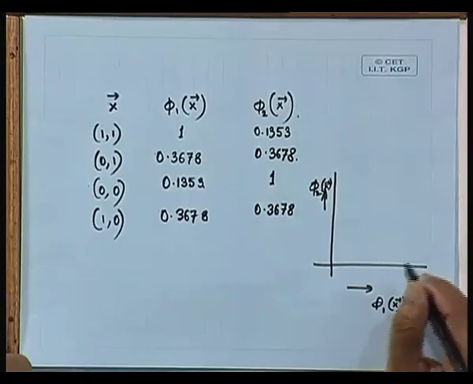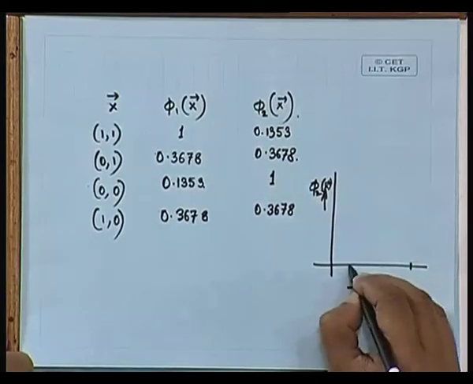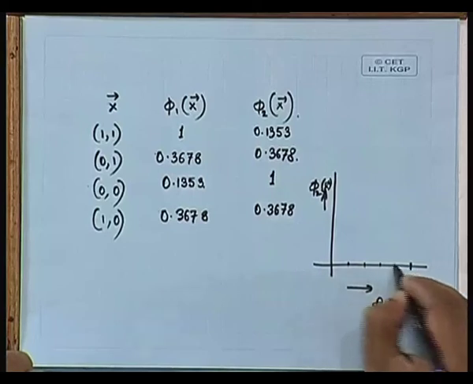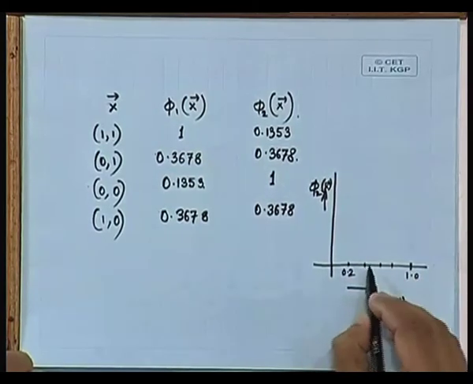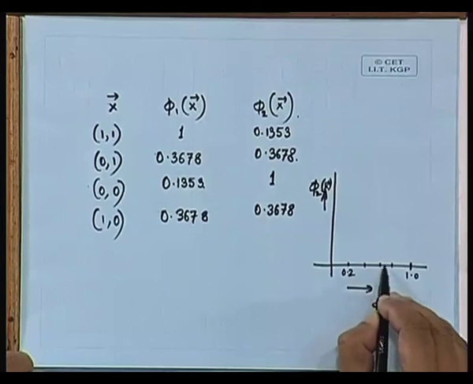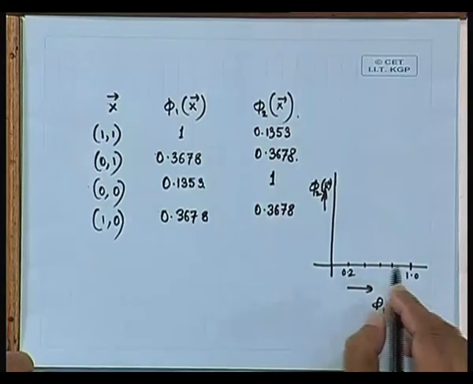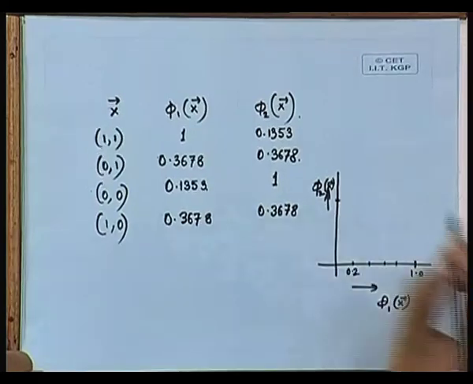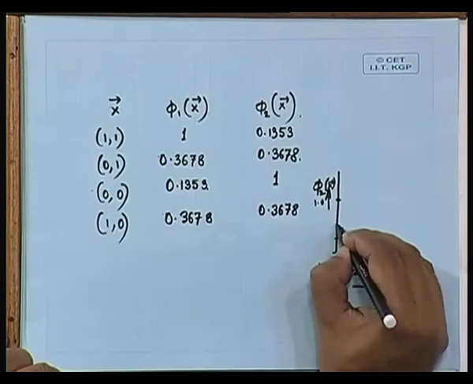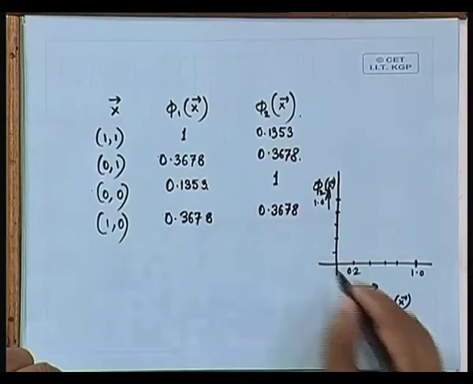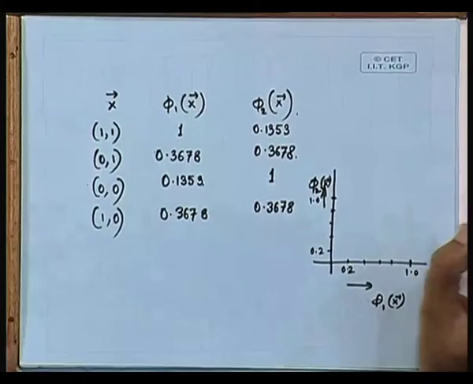Let's take this to be 0.2, this to be 1, so that all these divisions that I have marked are in steps of 0.2, and likewise here this is equal to 1. So here all these are in steps of 0.2, right.